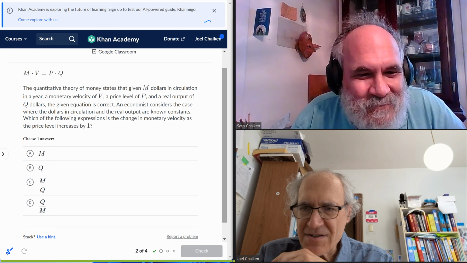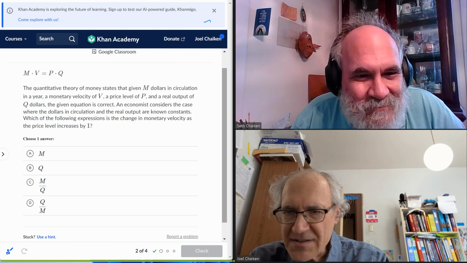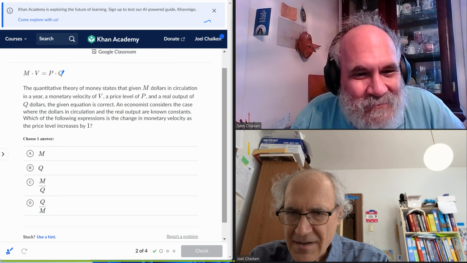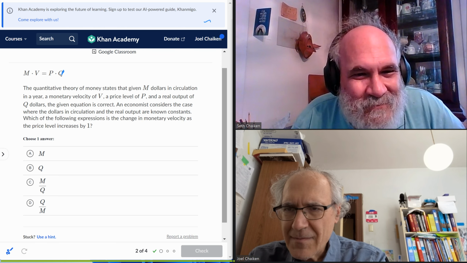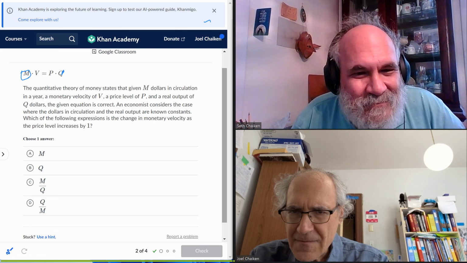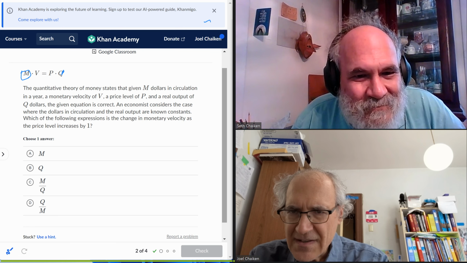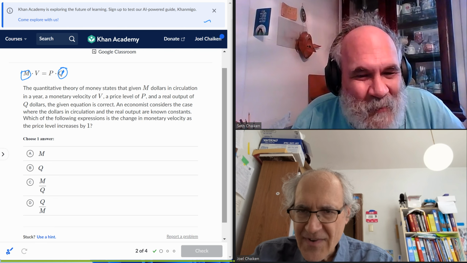This is an economics question. An economist considers the case where the dollars in circulation and the real output are constant. M is constant. I'll circle it. And the real output. Those are constants. Very important.